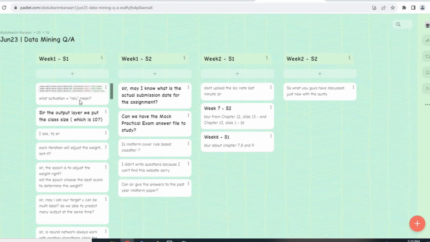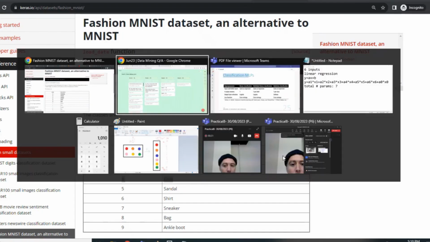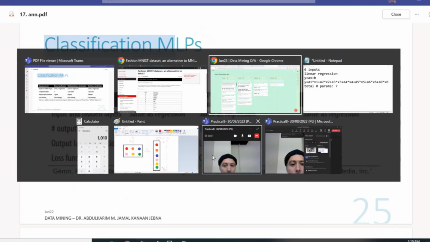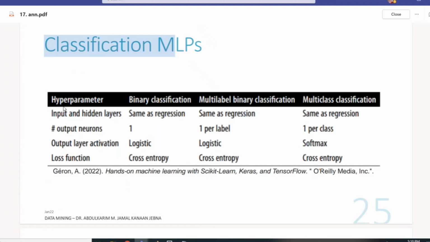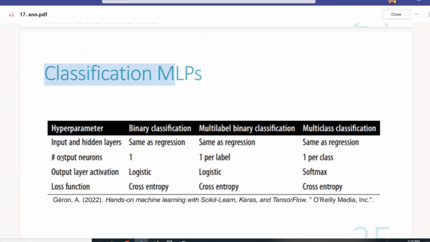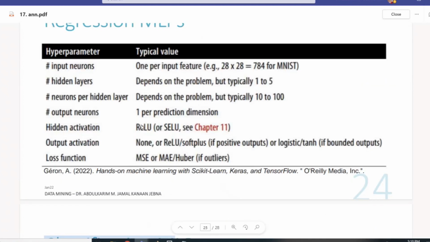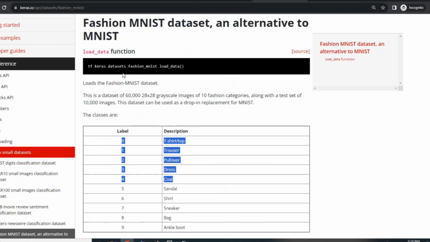Then you can look on the internet what is the difference between them. For now, it's enough. I'm not going to ask you what is ReLU. But just know that when you need to apply, let's say, hidden layers, then you need to use ReLU. This is the common one. If you like to read, you can refer back to your textbook, and chapter 11 talks about other hidden activation functions. But for now, no need to dive there. Let's stop here.